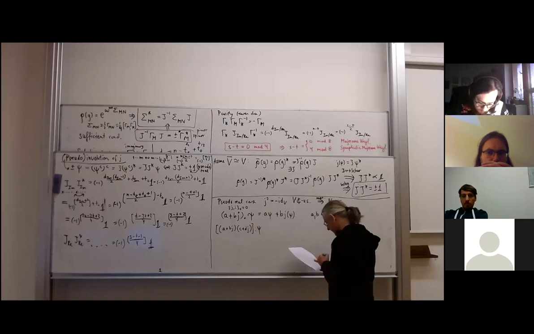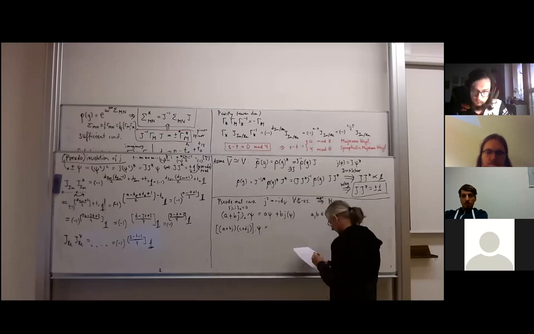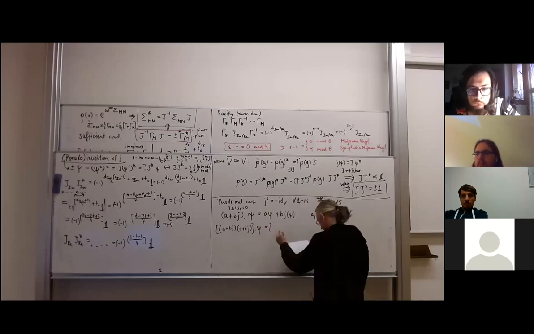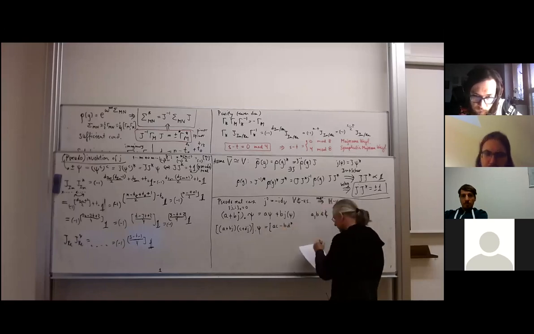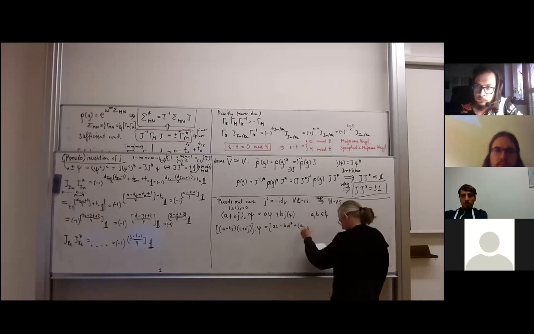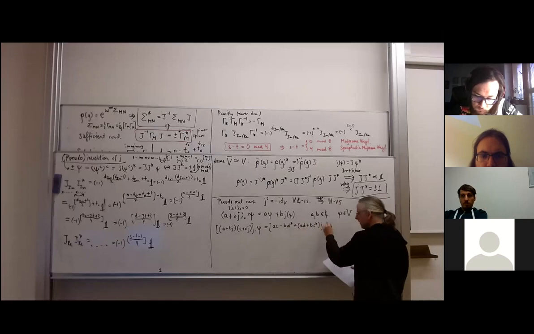and I claim that that's the same as AC minus BD complex conjugate plus AD plus BC complex conjugate J acting on psi.